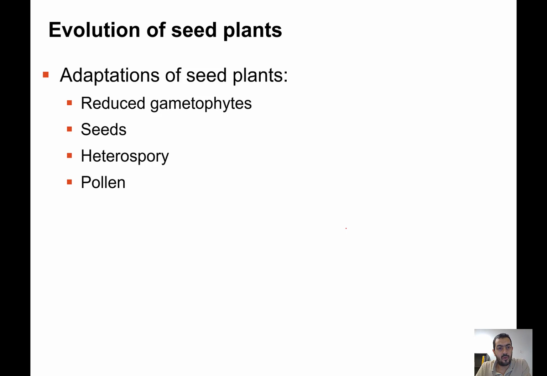Then the fourth adaptation is the presence of pollen. The presence of pollen had a major impact on the ability of seed plants to disperse and to colonize many parts of the land compared to the previous groups. We will explain this in the next slides as well.